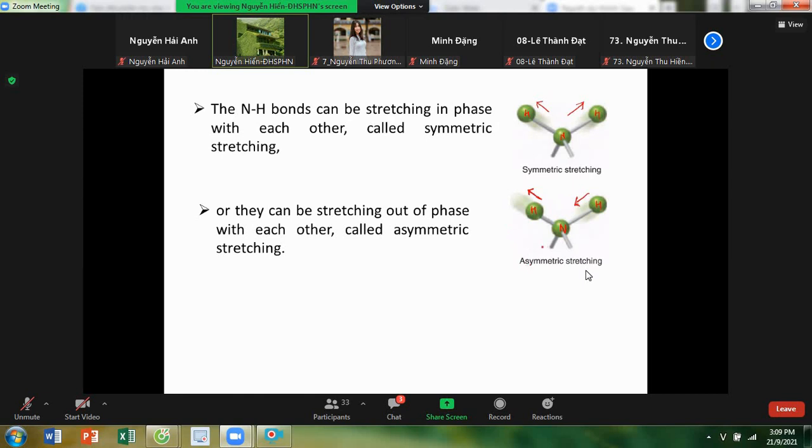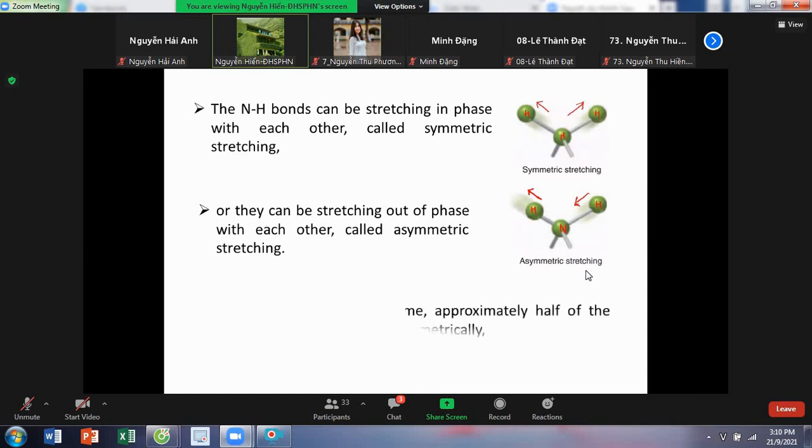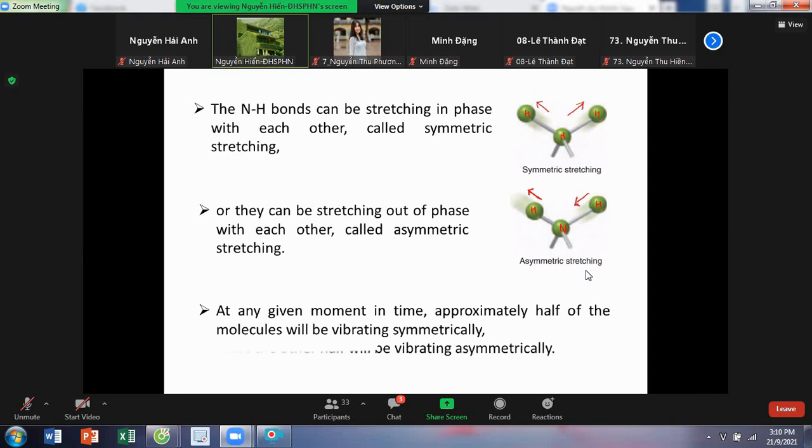Symmetric and asymmetric motions will produce two different signals. And therefore, at any given moment, approximately half of the molecules will be vibrating symmetrically and half will be vibrating asymmetrically.